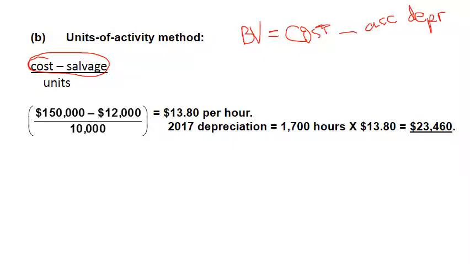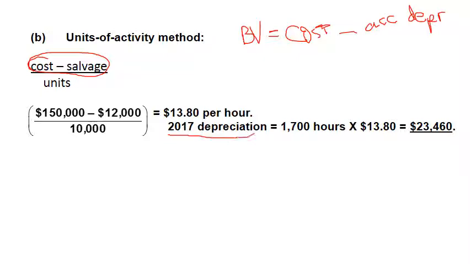When we calculate this, it gives us the per work hour cost. It's telling us the rate is $13.80 per hour. That's what the depreciation is accumulated at.